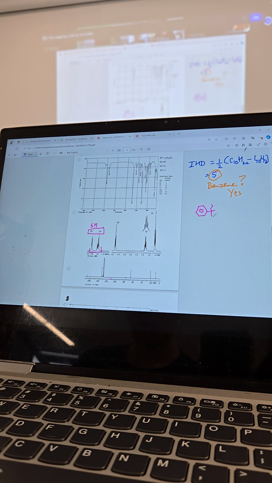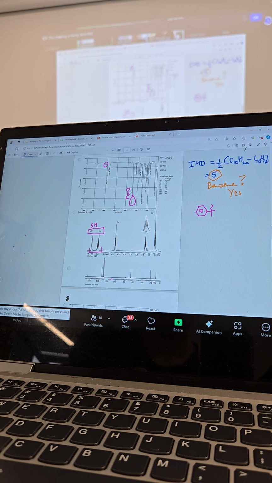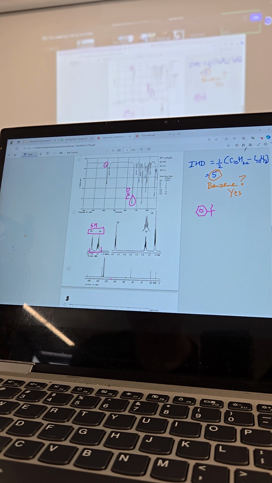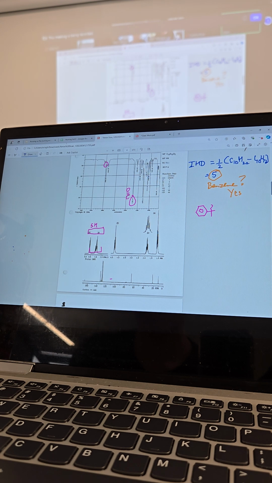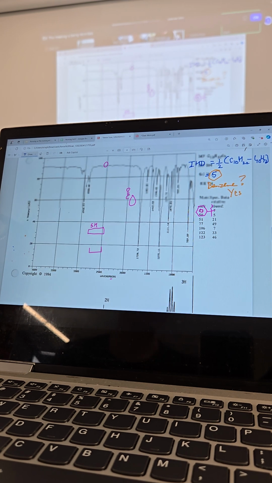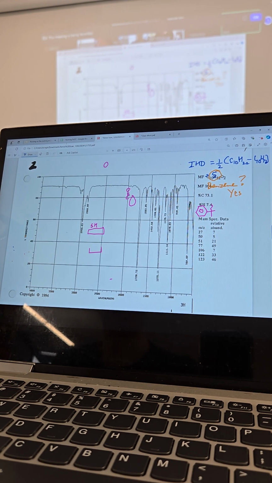Okay. What about IR? What is IR telling us? C double bond O at 1700. Okay, good. I got an aldehyde in there as well. Actually, I'm not seeing an aldehyde, but why are you getting an aldehyde? Well, I'm looking at the signal between 28, I think. Oh, never mind.